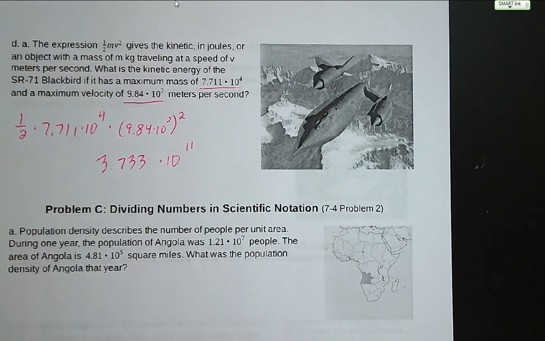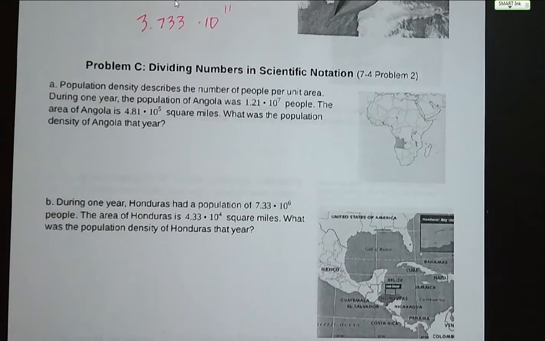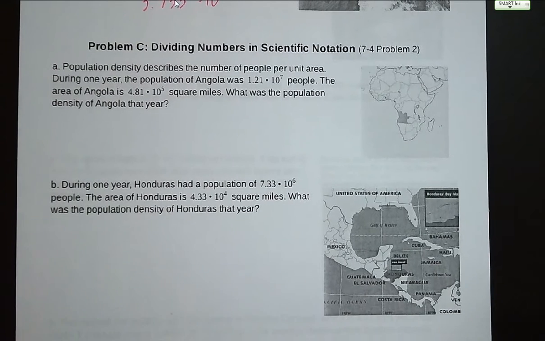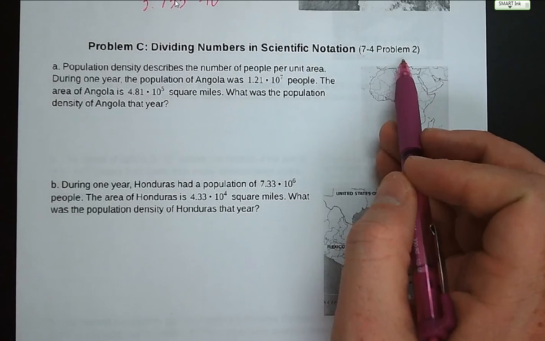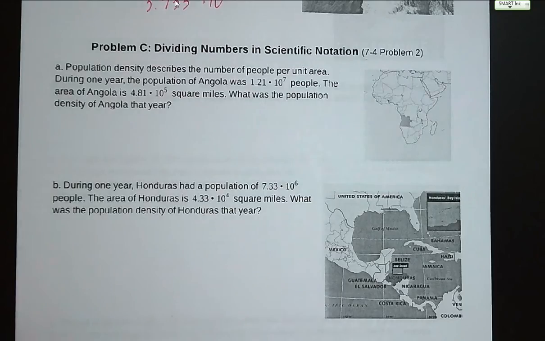Problem C, dividing numbers in scientific notation. This comes from section 7.4, problem number 2 in our textbook. I am looking at the population density. Population density is the number of people per unit area. During 1 year, the population of Angola was 1.21 times 10 to the 7th people.